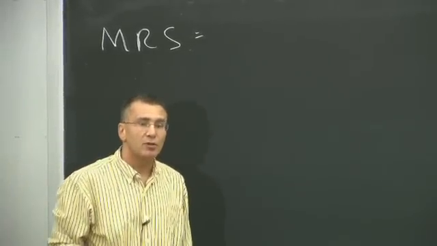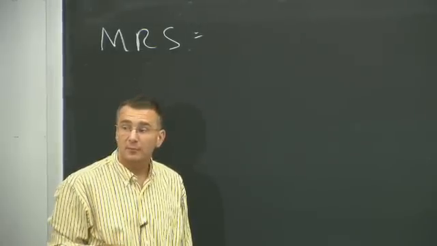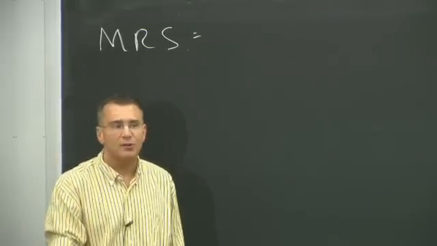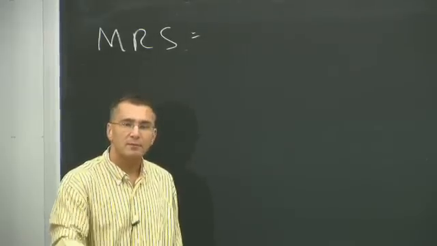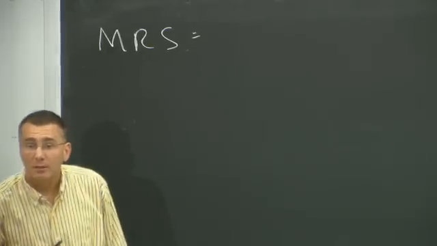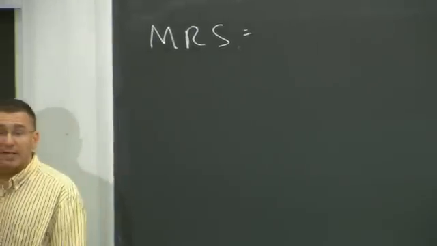This is just about preferences. What's the marginal rate of substitution defined as? The ratio of what to what? The amount of one good you have to get to give up one of another good. So graphically, that's what it's defined as. Exactly. It's the slope of the indifference curve.